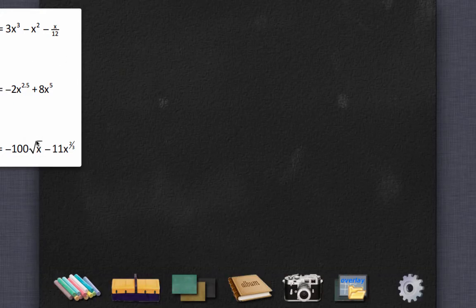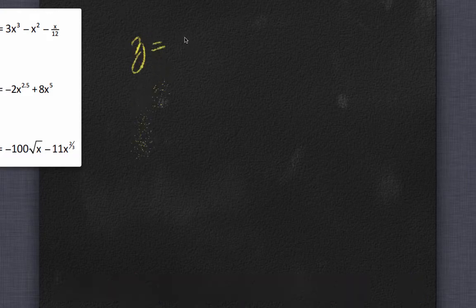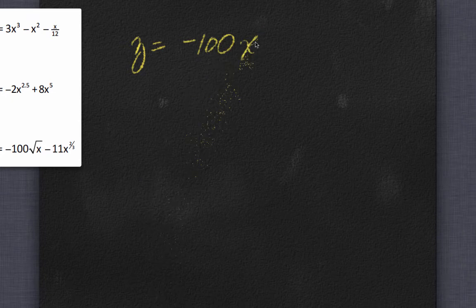For this last one, I need to rewrite that part. So y equals negative 100, x to the 1/2. If there's nothing there, it's a 1. So 1/2.